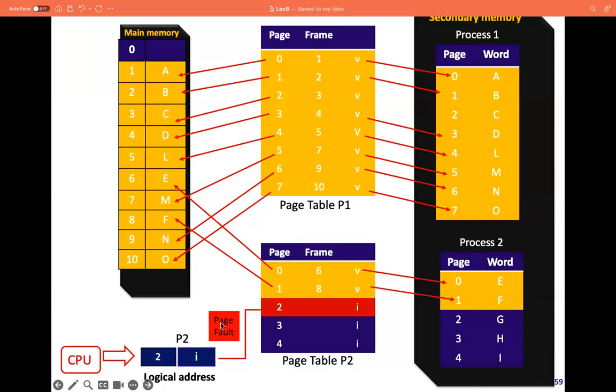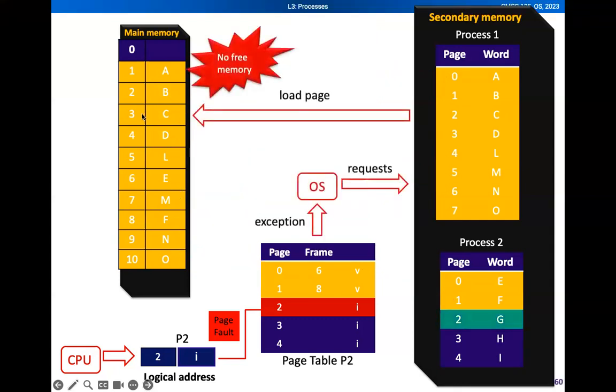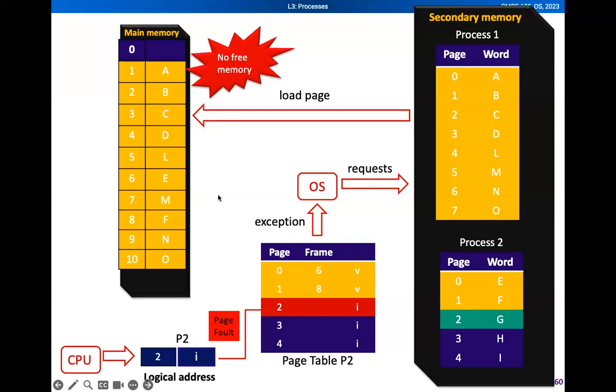If you remember, what we did was request it from the secondary memory and load it in the main memory. Swap in, swap out. However, we can see that currently the main memory is full, and there are no available holes in the main memory. So there is no free memory. What happens now? What are we going to do?